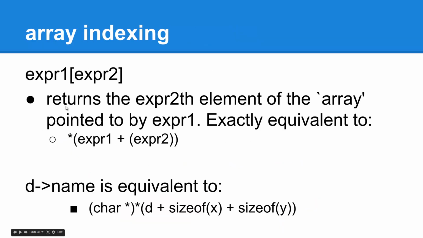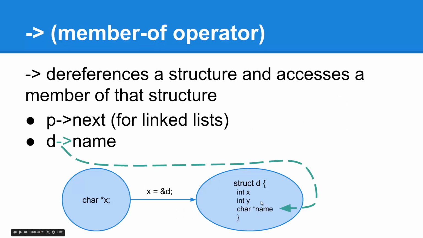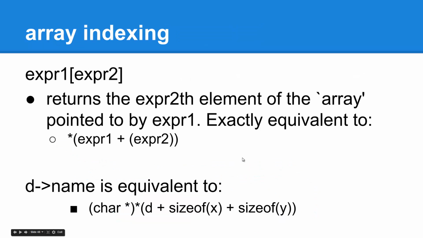So this is essentially the equivalent to array indexing. However, structures may have different types. So this would be int, and then char, which is typically 1 byte, as opposed to integers, which may be 16 or 32 bits. But I digress.